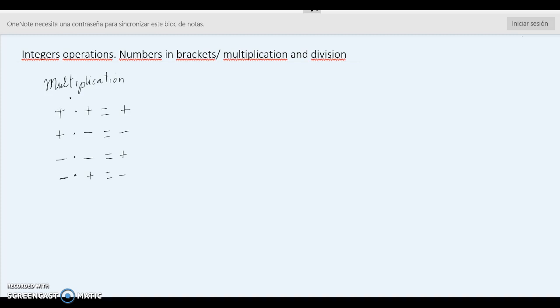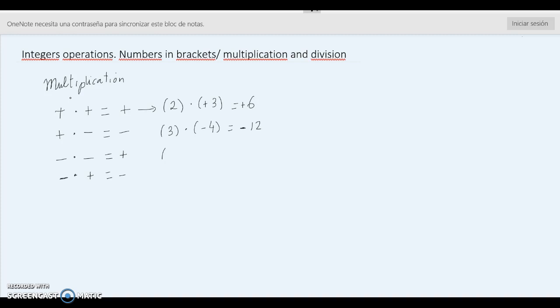Let's see an example. 2 times plus 3. We have two positive numbers. If we multiply both numbers, we get 6 positive. We are in the first rule. For the second rule, I can write 3 times minus 4, and the result has to be negative. 3 multiplied by 4 is 12, so minus 12.